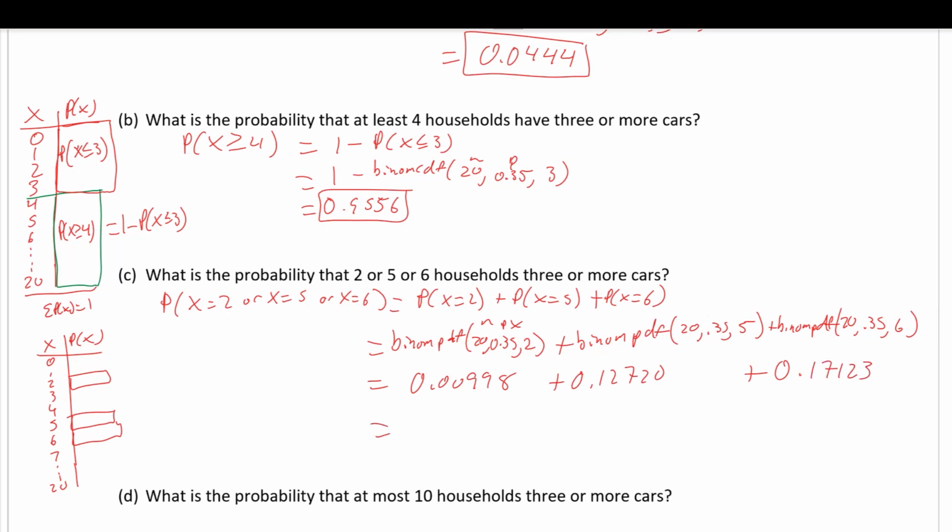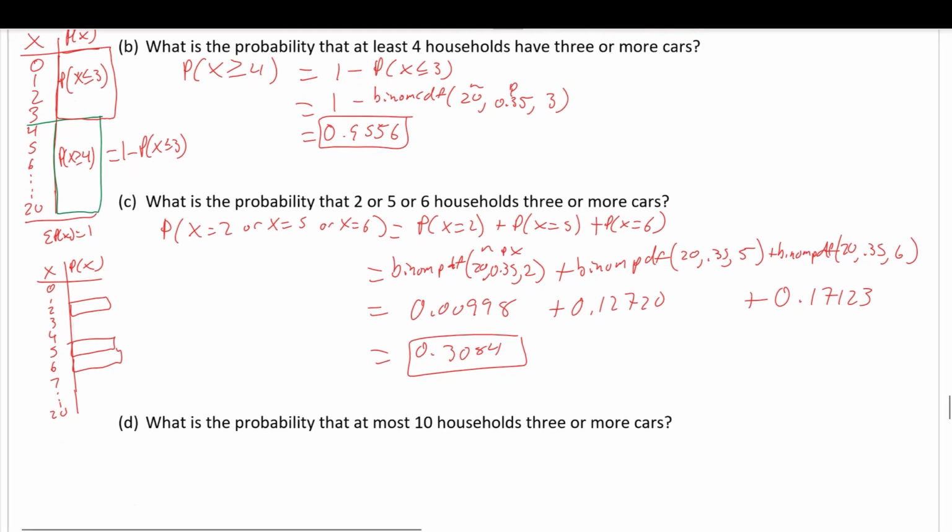And then when you add these up, you get 0.3084. So it's about a 31% chance that if you go up to 20 houses, there will be either 2, 5, or 6 houses that have 3 or more cars. About 31% chance of that.